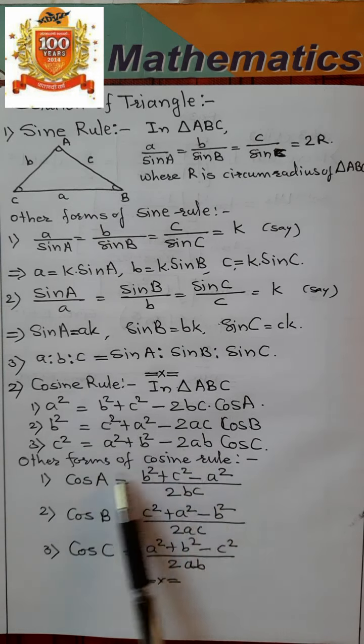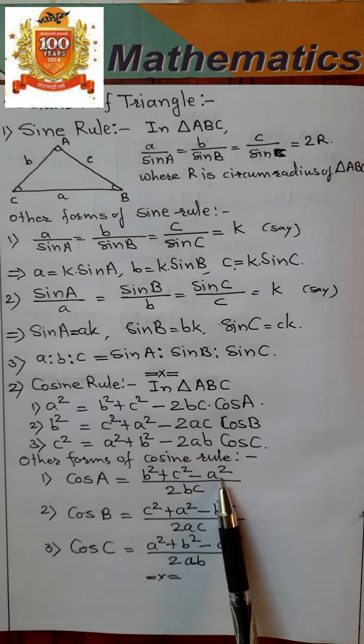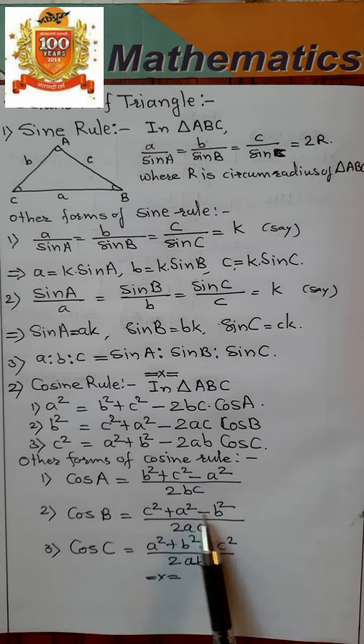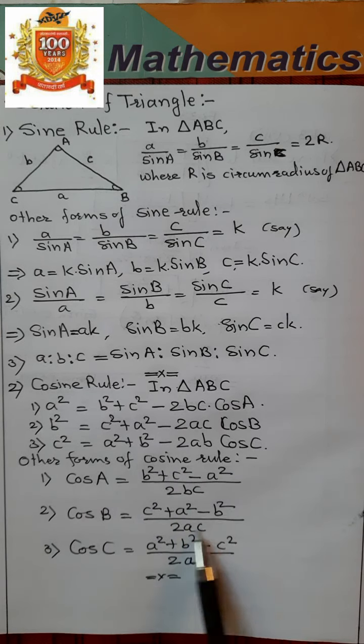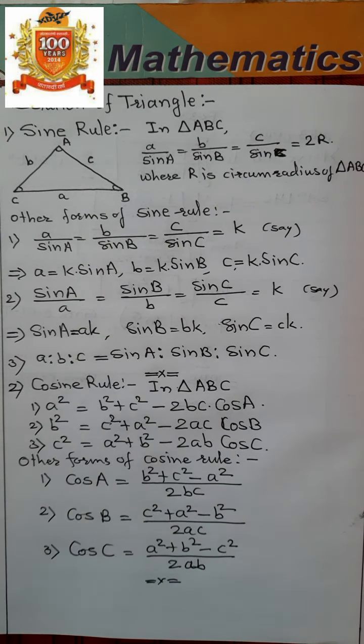By this order you can learn this. Very simple. b square c square minus a square twice bc. c square a square minus b square twice ac. a square b square minus c square twice ab cos C. In this way you can learn cosine rule.